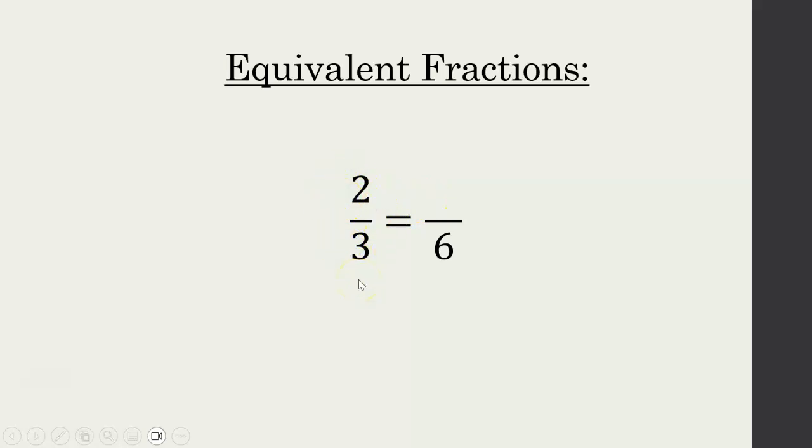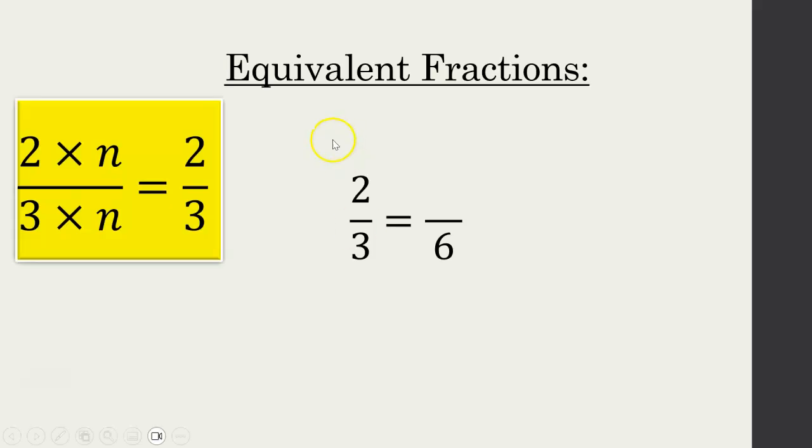Now, here's the trick that we do. This is the important part. If I have a fraction and I multiply the numerator by a number, and I multiply the denominator by the same number, so let's say I said 2 times 7 over 3 times 7, that's still going to be 2 over 3.